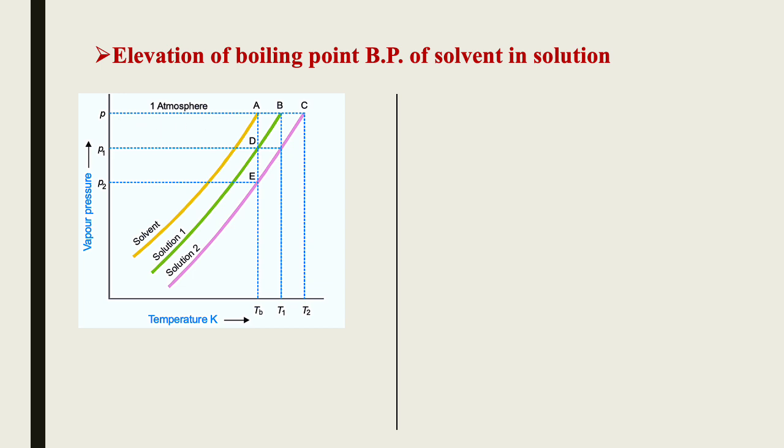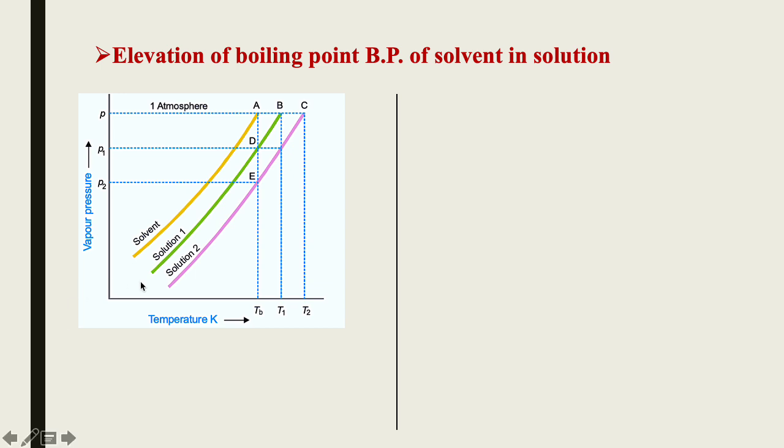Now consider that you added sodium chloride, say 5 grams, to that solvent. You will have solution number 1, which will have a different boiling point.